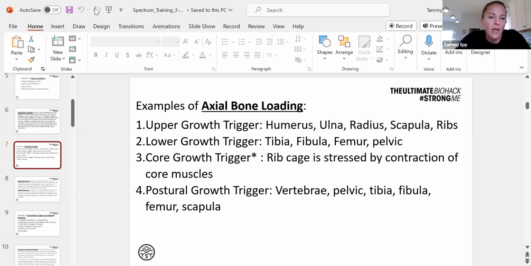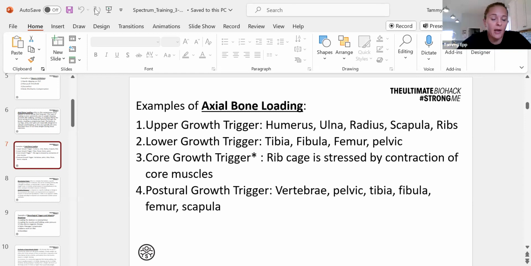Lower growth trigger would be the tibia, fibula, femur, and pelvis, okay? So same situation. You're sitting with a seat behind you and a leg and a foot pad here. And as you push against the back and push against the front, you're creating load on each one of those bones, okay? Now that's axial loading.